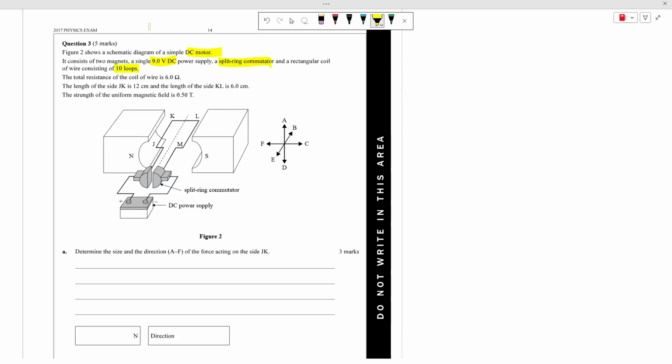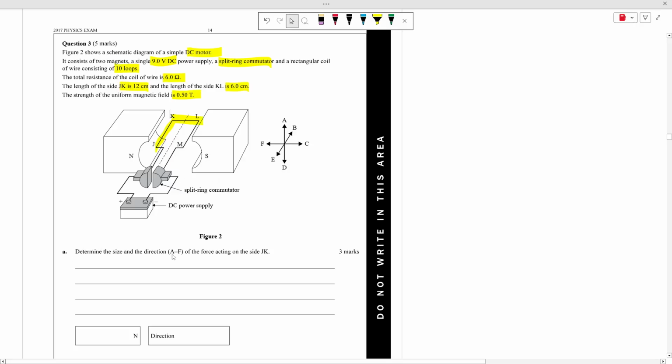The total resistance of the coil is this. The length of the side JK is this. The KL side is this length. The strength of the magnetic field is this. Okay, so I've highlighted all our important information.